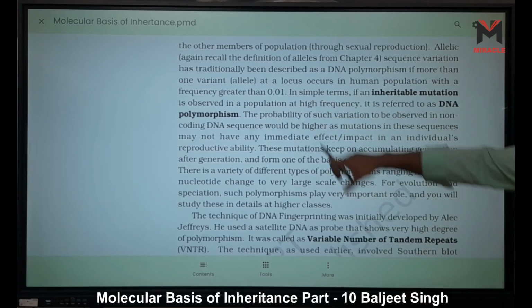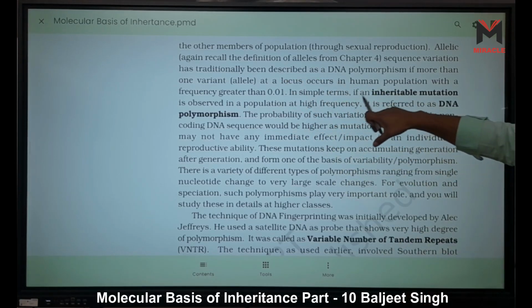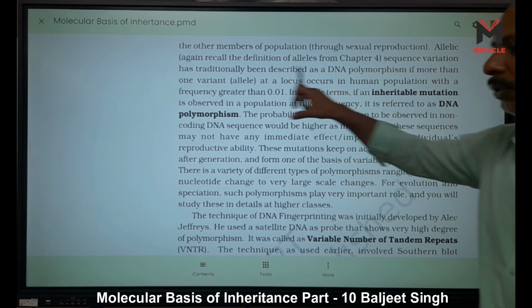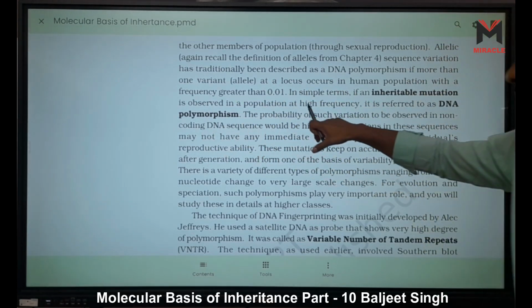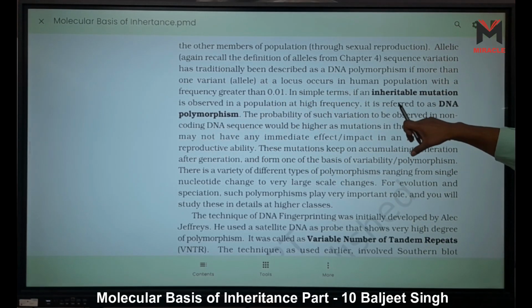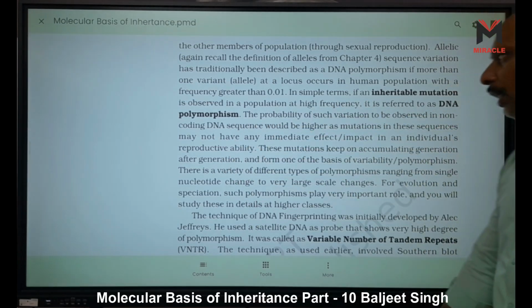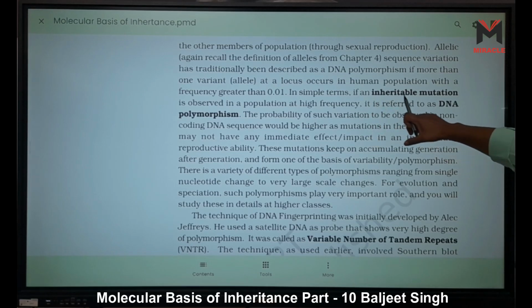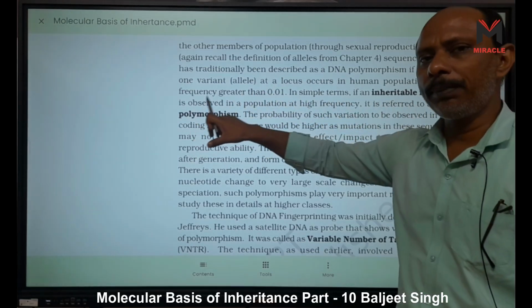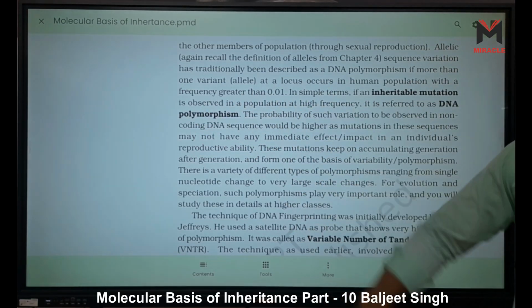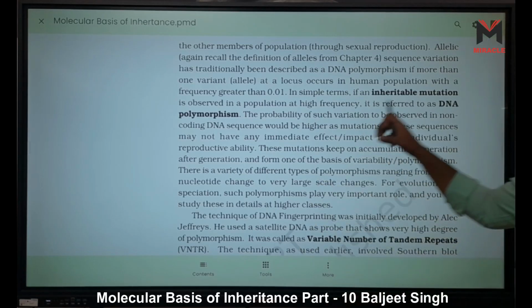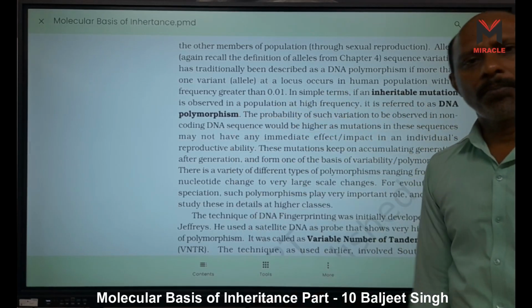You have to read this. In simple terms, if an inheritable mutation is observed in a population at high frequency, it is referred to as DNA polymorphism.